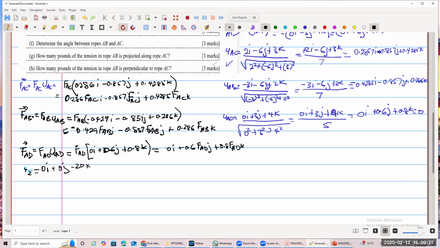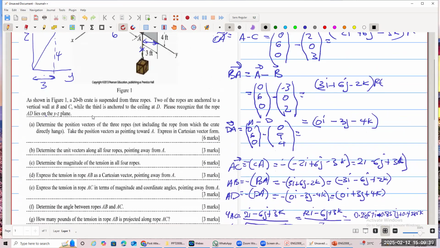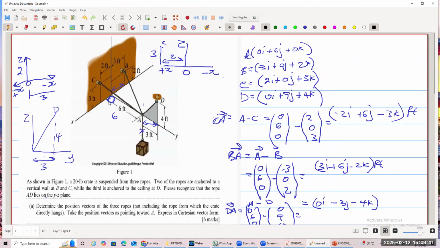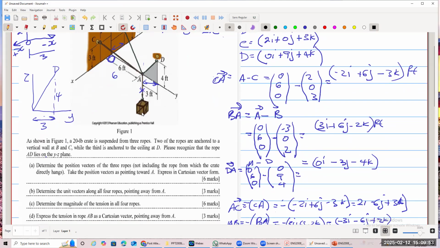But didn't you write it in the unit vector over here? No, we never do it. In the one on the slide, we would have said that it is the unit vector between C and D, right?